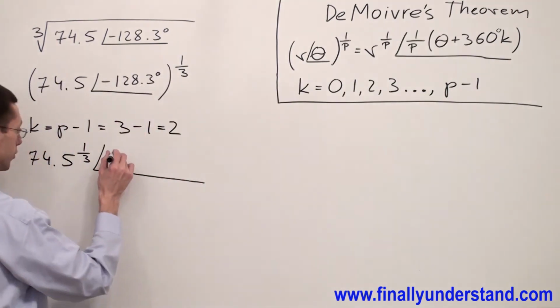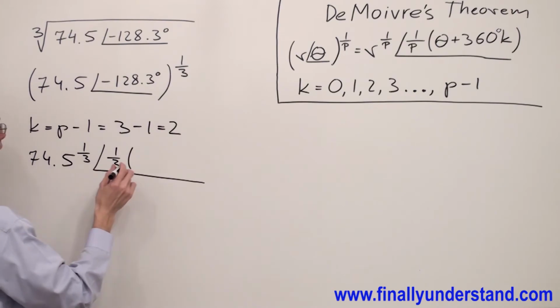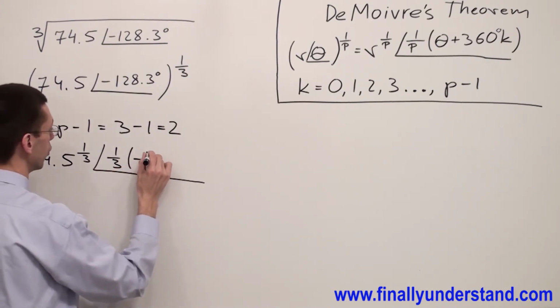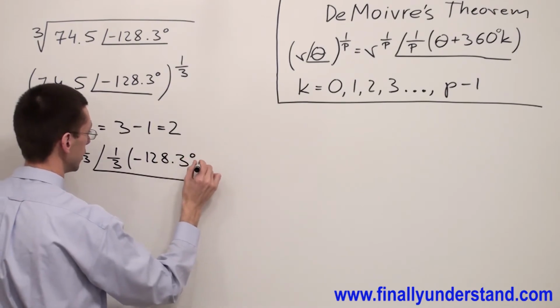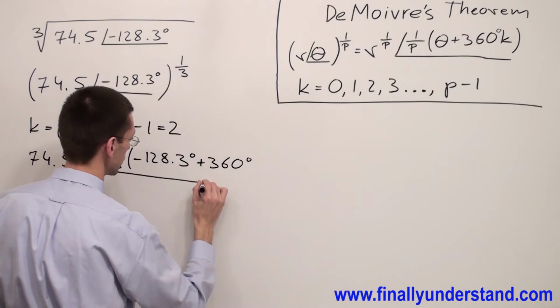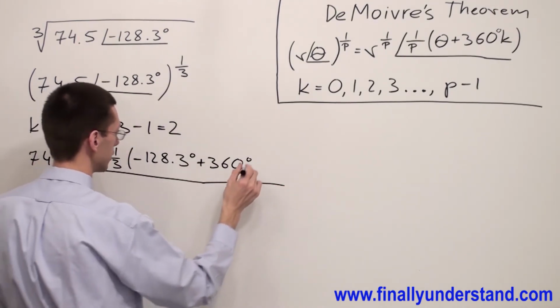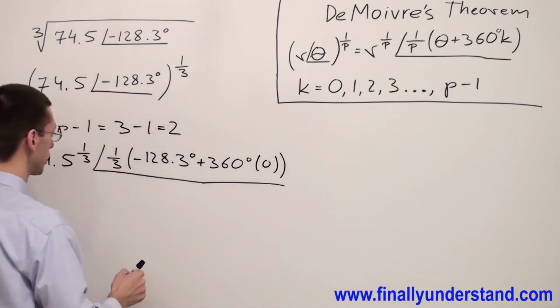So I have 1/3 times my angle theta, which is equal to negative 128.3 degrees plus 360 degrees times 0. This is my first value of k.